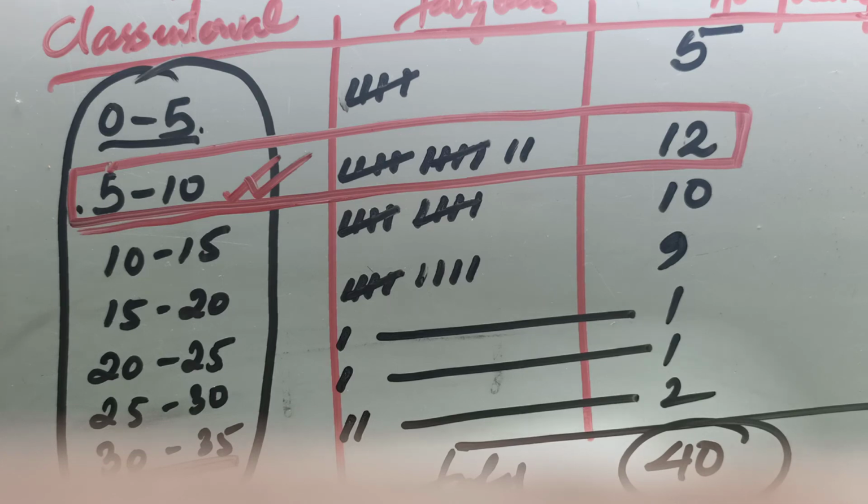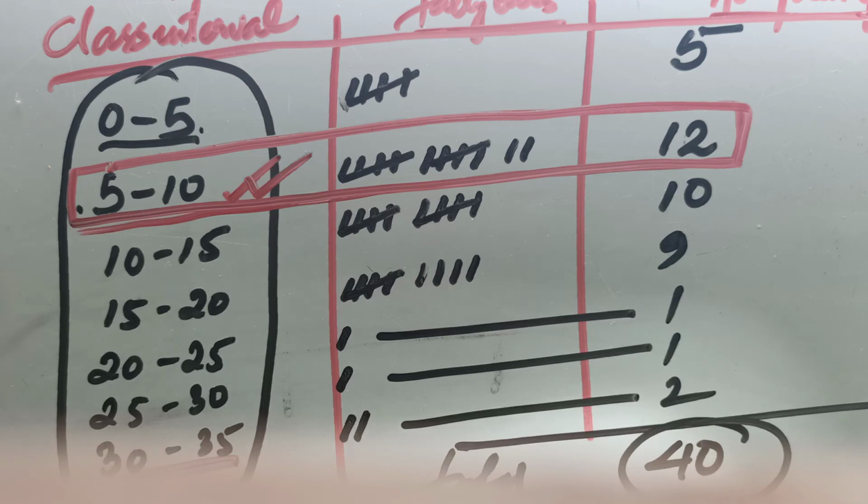Construct a group distribution table with 84 to 86, 86 to 88. Should you start from 84 to 86? You have to check if 84 is the lowest, right? Yeah, 84 to 86. Okay, 84 to 86, 86 to 88.